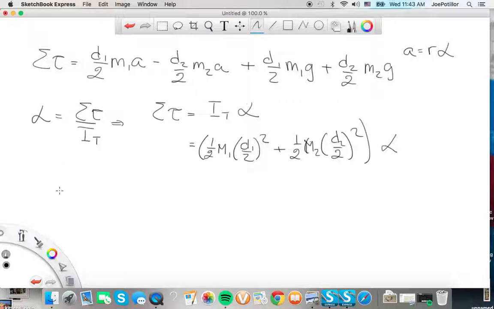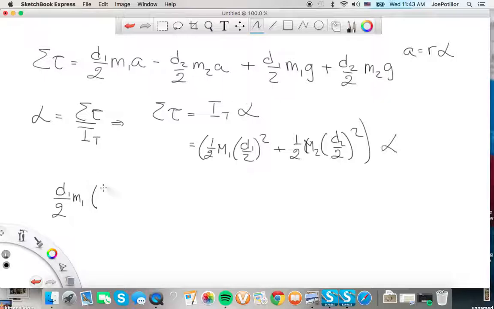So looking at this, it becomes d1 over 2 m1 times, which is, by the way, r1, which ends up being what? Which ends up being d over 2, right?